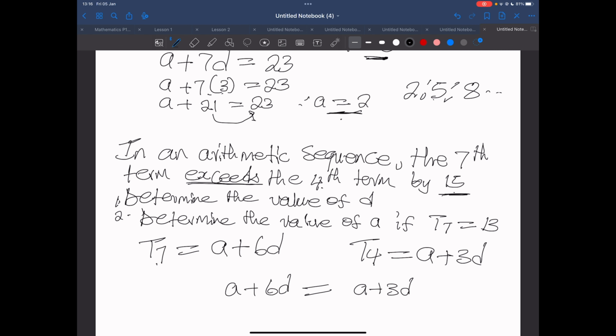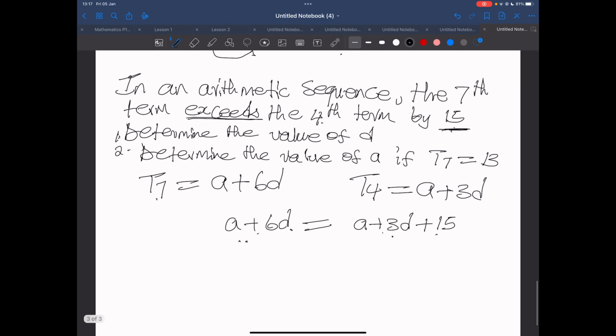They said that this one is bigger than that other one by a margin of 15. So for them to be equal, we have to add the 15 to the smaller one. Or if we wanted, we could have subtracted this 15 from term number 7. So now, because we have added this 15, the statement on the left and the statement on the right are now equal. So in this case, now we have the right to put the equal sign there.